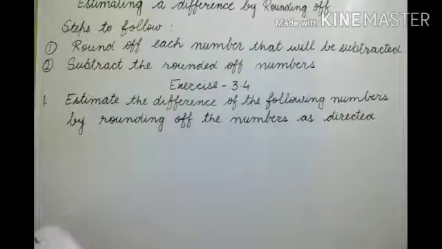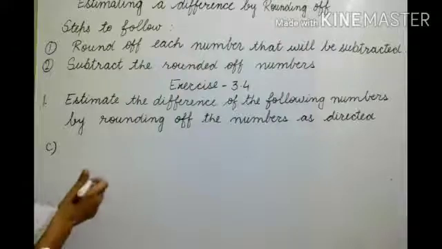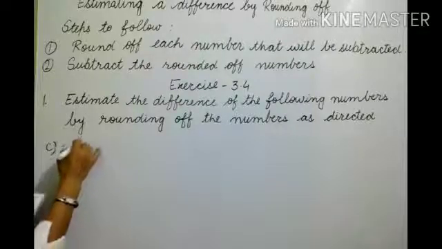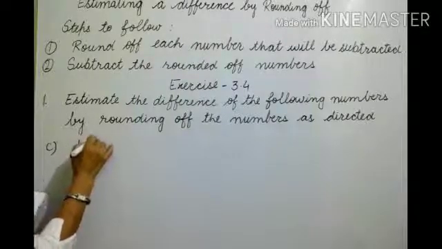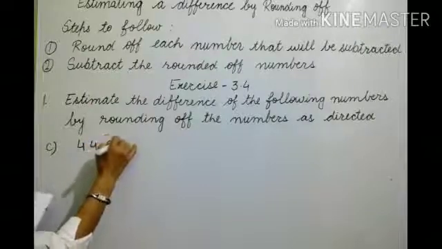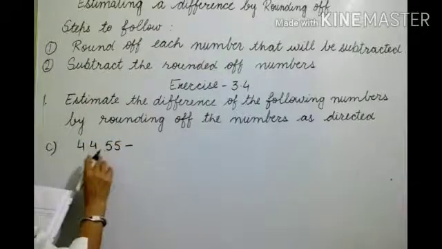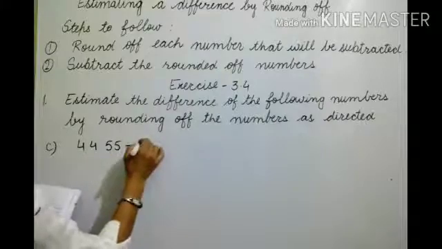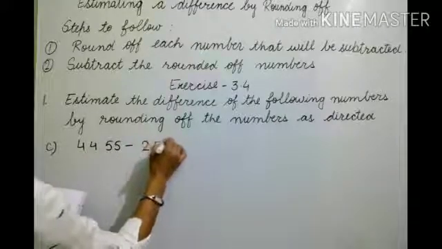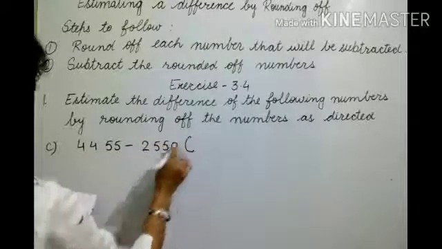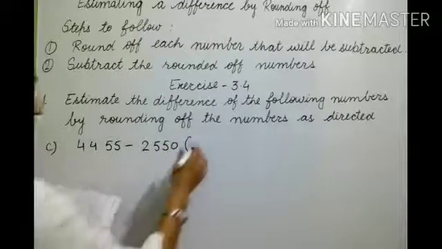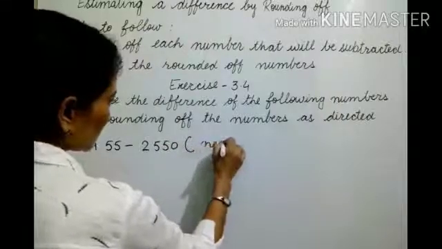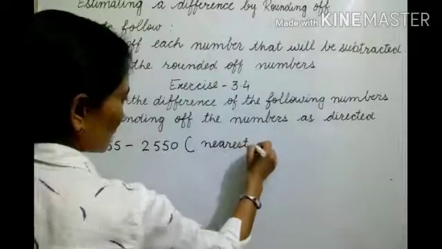Let's take C part. B part is same. Nearest 100 you will round off the numbers and then you will solve. For C part we are doing 4455 minus 2550, and we have to round off to the nearest thousands.